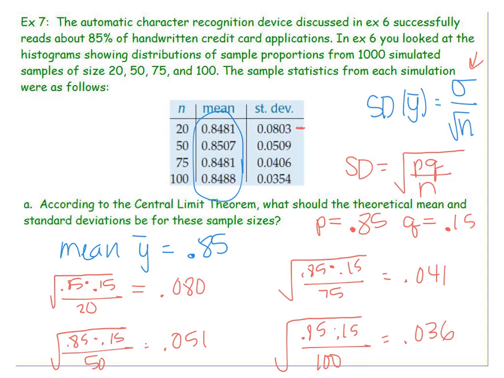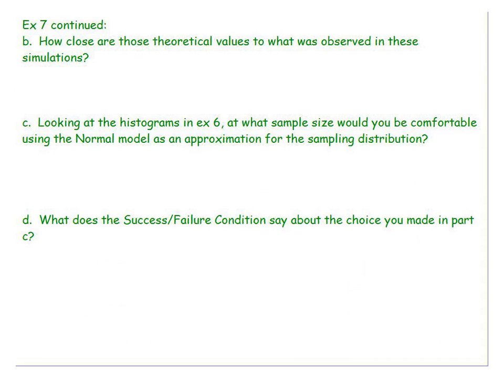0.080 compared to 0.0803. All we're missing is a decimal place. 0.051 to 0.0509. You're talking about rounding. So these are very, very close. And we have a couple more questions that deals with this table. So you're going to be referencing back to this in just a minute.